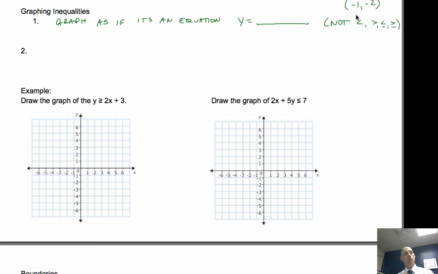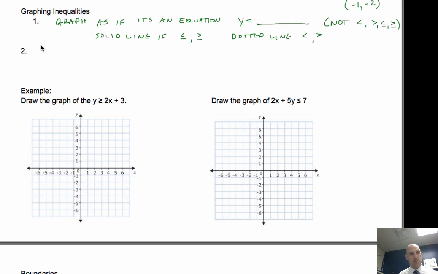So take out the inequality, put in an equal sign, okay? And later we're going to put that back in. It's going to be a solid line if equal to, and a dotted line if it's just less than or greater than.